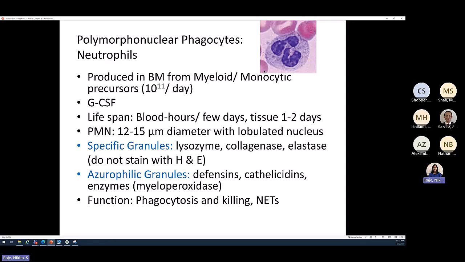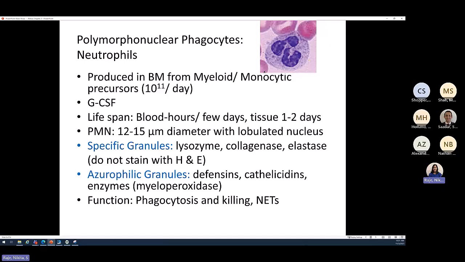So what's the function of these PMNs? Their main function is phagocytosis, and then they kill the microbes that they phagocytose. That killing is intracellular, in the phagolysosome pouch that they create.